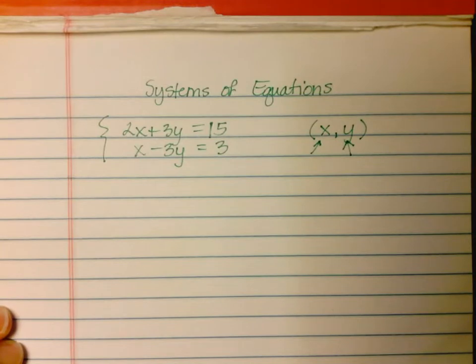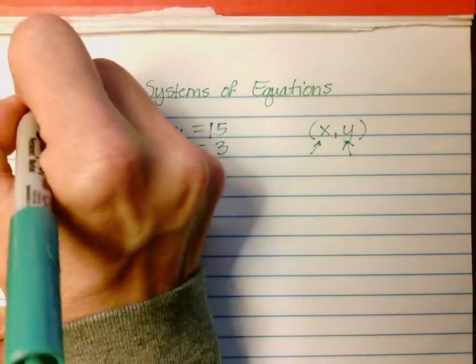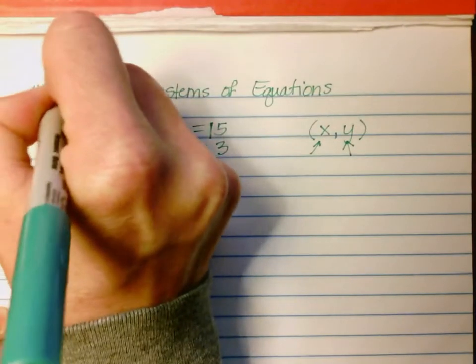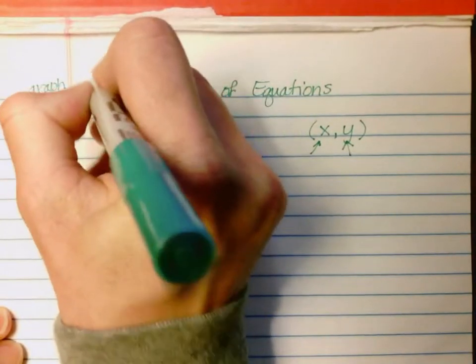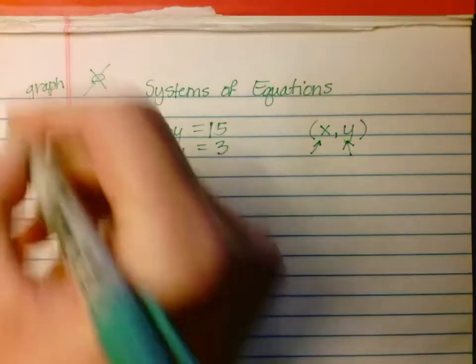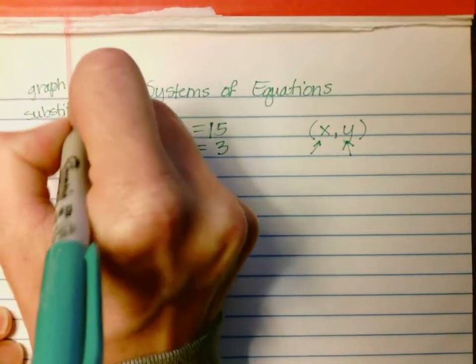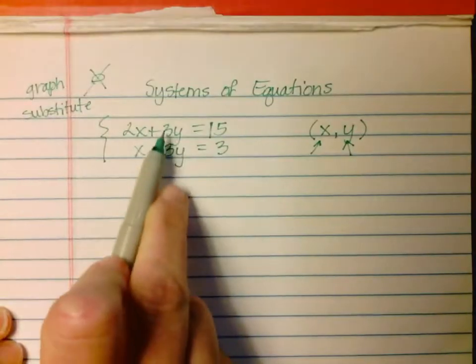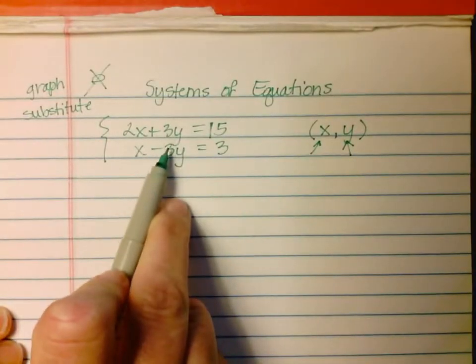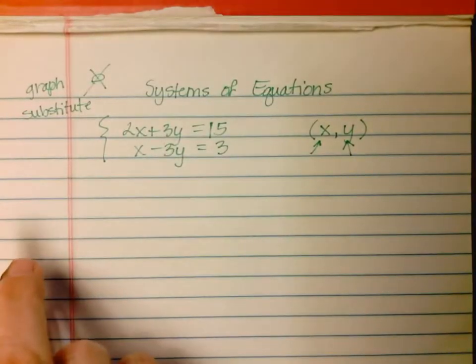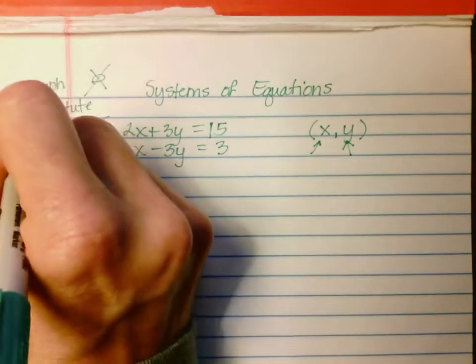There are different ways to solve systems of equations. We could graph to find their point of intersection, or we can substitute. If one of the equations is solved for a single variable, we can substitute that expression into the other equation and then solve for the single variable.